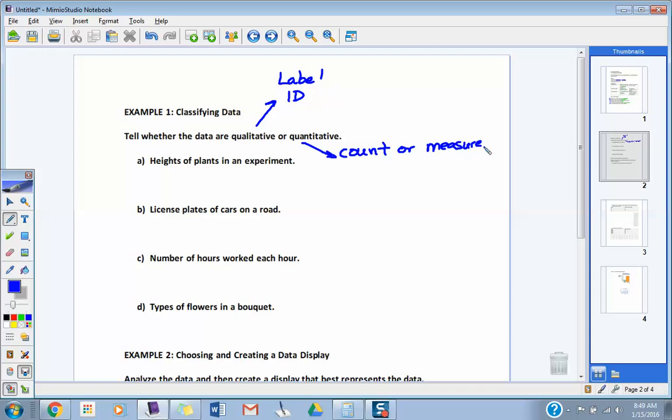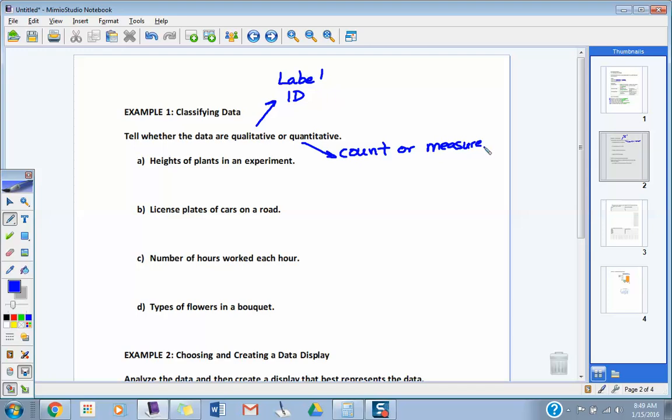So, here's the deal. You're in science class, and it says you measure the heights of some plants in an experiment. You're measuring heights of a plant in an experiment. Okay, so do you count the heights or do you measure the heights? You measure the heights. Are we labeling or identifying, or are we counting or measuring? Counting or measuring.